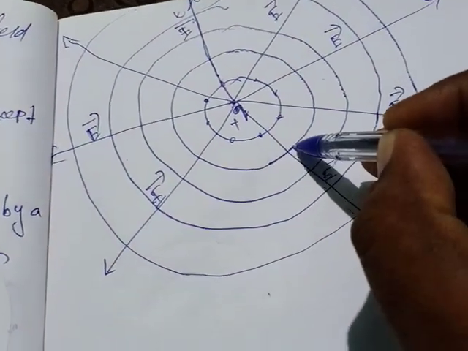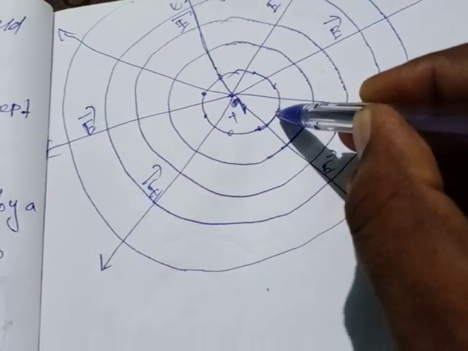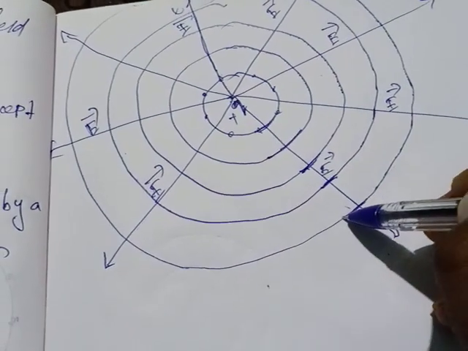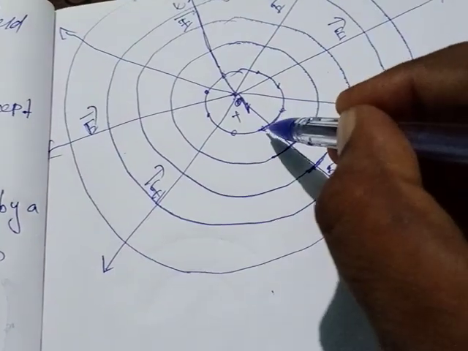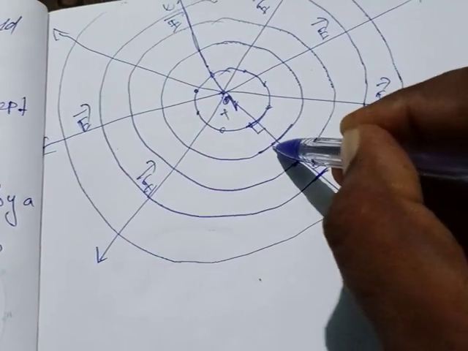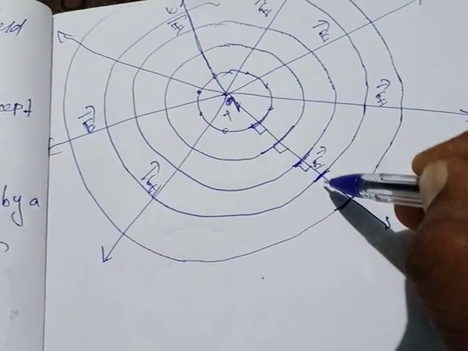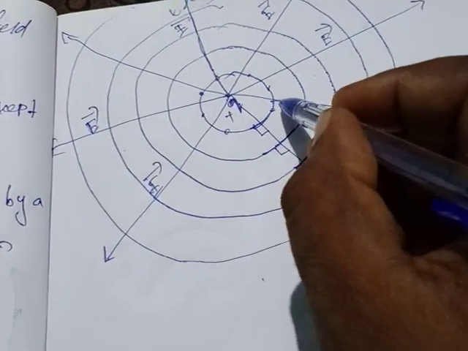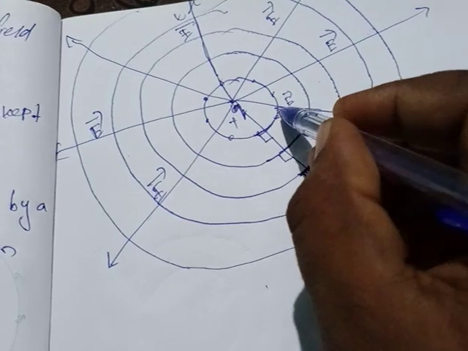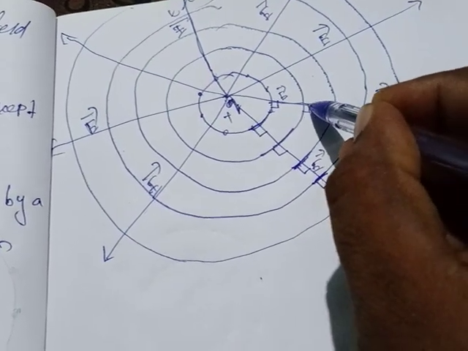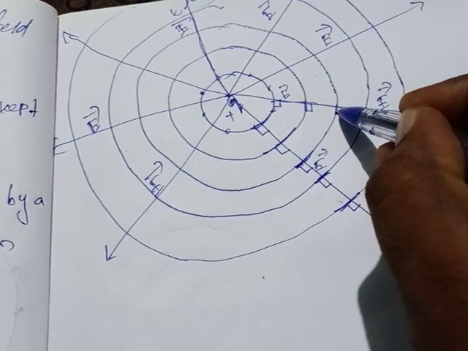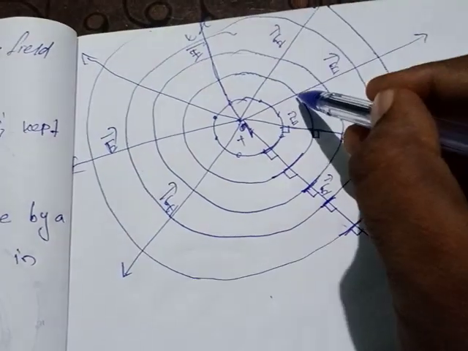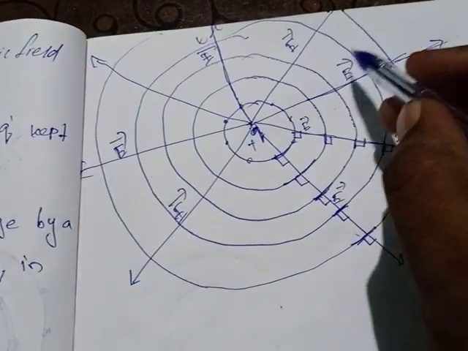Now this is an equipotential surface, and this is also. All these equipotential surfaces you can see are at 90 degrees to the electric field line. Check this. The electric field and equipotential are 90 degrees to each other, or you can say normal to each other.